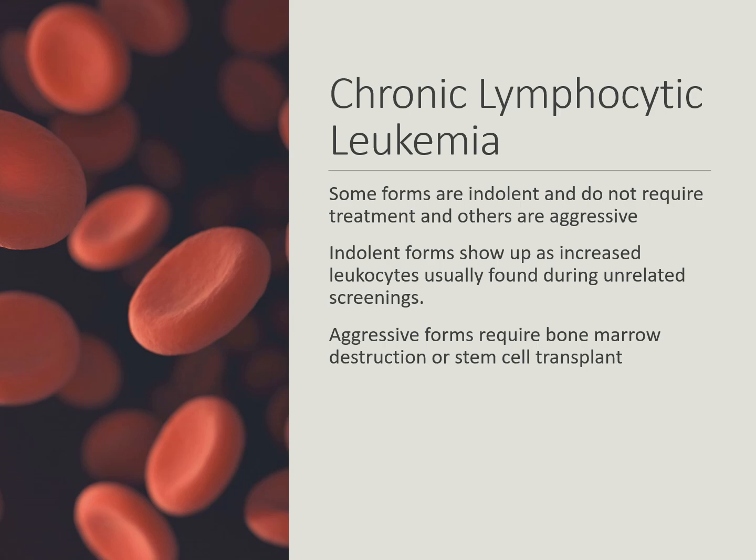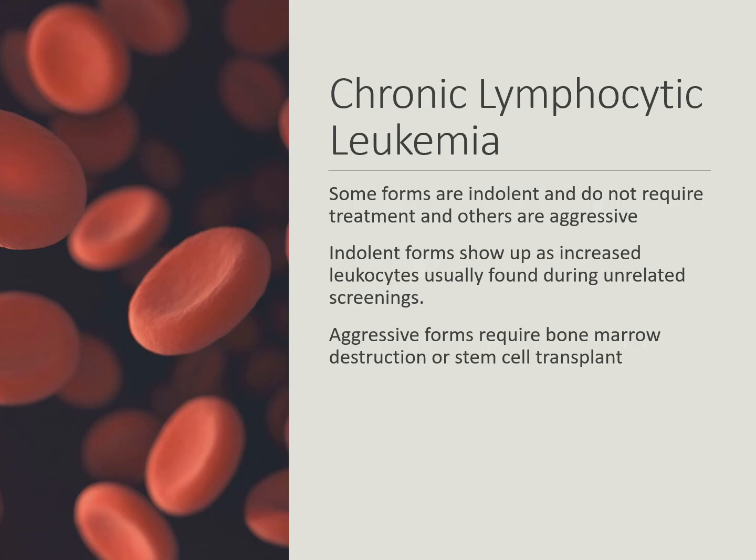Indolent forms show up as increased leukocytes, usually found during some kind of other unrelated screening. But there are some people who are initially diagnosed with much more aggressive forms, and these patients might require things like bone marrow destruction and stem cell transplant to cure the disease. So people with aggressive forms of CLL experience a much more rapid sequence of clinical deterioration.